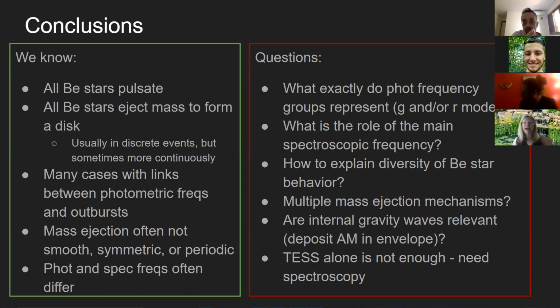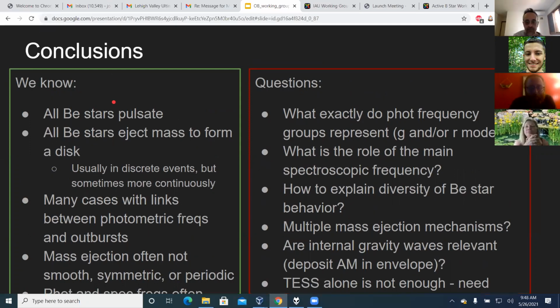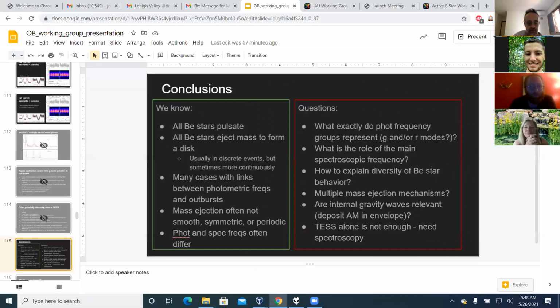I see that Alex has got a raised hand, so why don't you start with your question, Alex? Well, thanks, Carol. Thanks, Jonathan. This was a truly excellent talk. I have a couple of questions, but I'll start with one first, which is the relation between frequency groups, flickers, and mass loss.